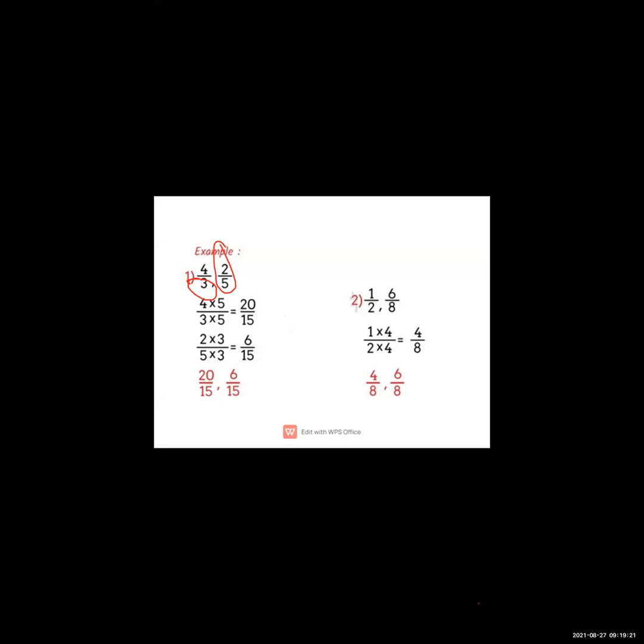Always we have to multiply with the denominator only, not numerator. Numerator को आपको गिनना नहीं है. You have to only find the like fraction by getting the same denominator, not numerator.